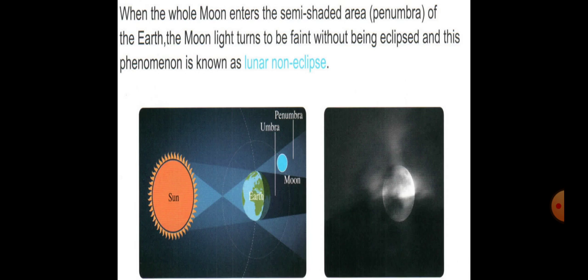Here the moonlight turns faint without being eclipsed. And this phenomenon is known as lunar non-eclipse. Just the moon turns faint without being eclipsed when all the moon is in the penumbra.